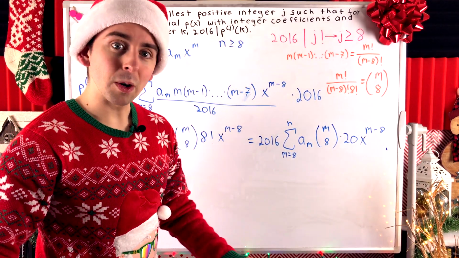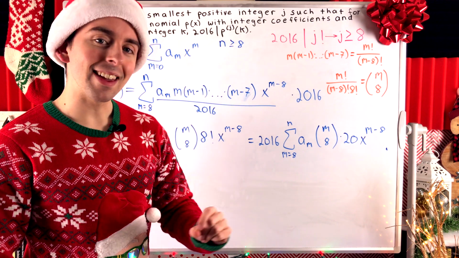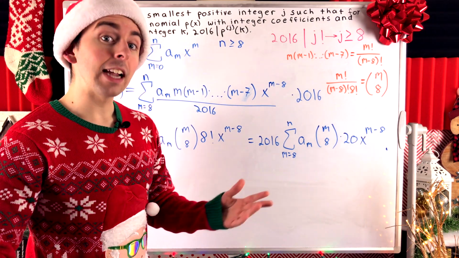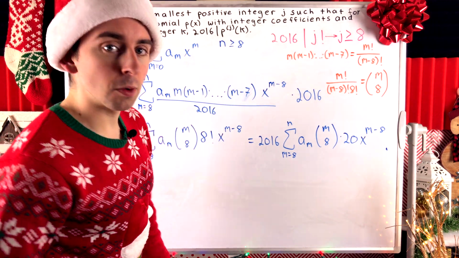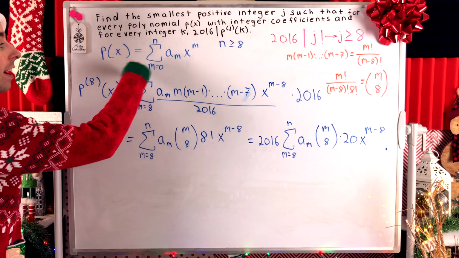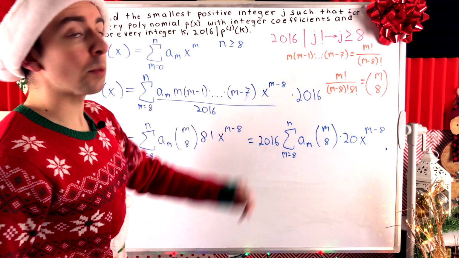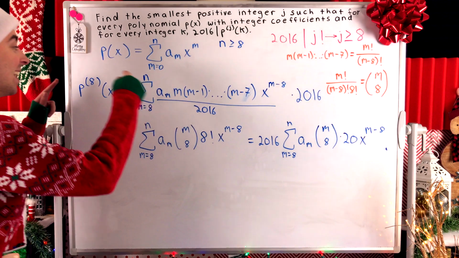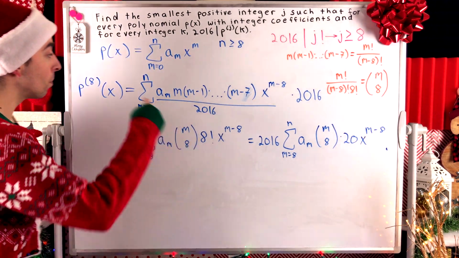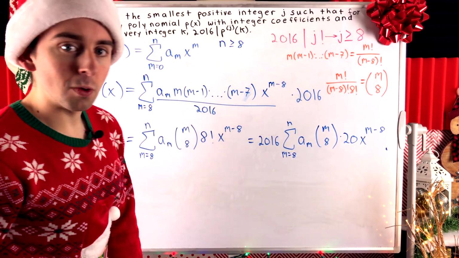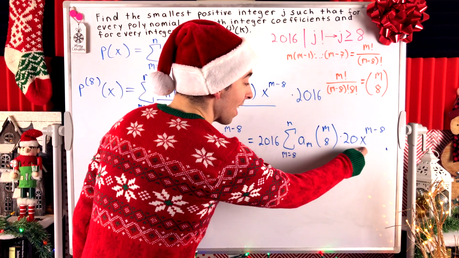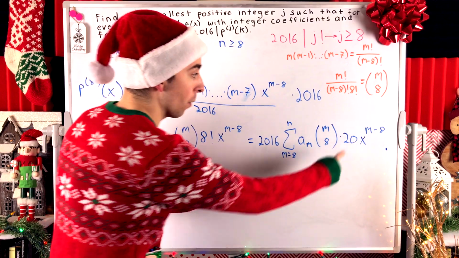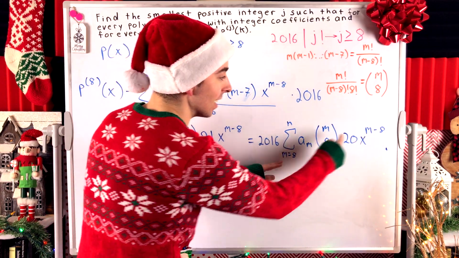So finally, what we see is that if a polynomial with integer coefficients has degree less than 8, then its 8th derivative will be divisible by 2016. On the other hand, for any arbitrary polynomial with integer coefficients whose degree is at least 8, in its 8th derivative, if you plug any integer into that 8th derivative, you'll just have that integer raised to a non-negative integer power, because m starts at 8 and goes to n.